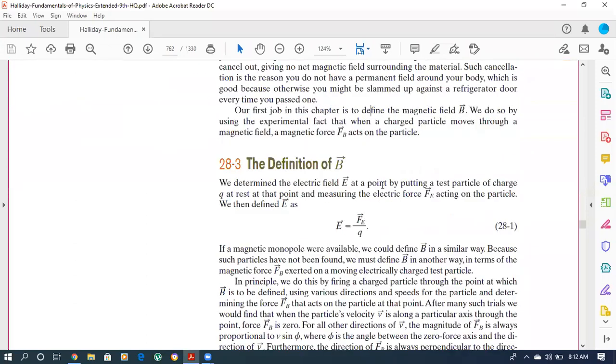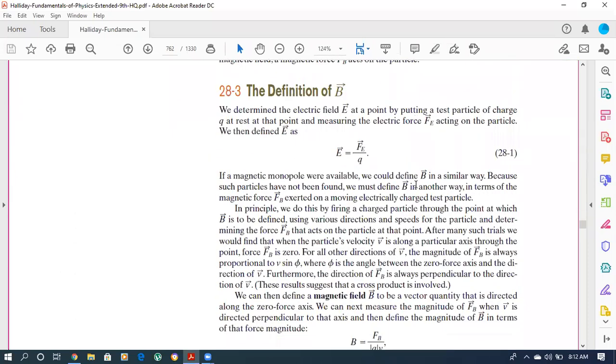So what is a magnetic field? Just like an electric field around an electric charge, there is some specific area around which a field exists, in which any other charged particle can feel the presence of some other charge.